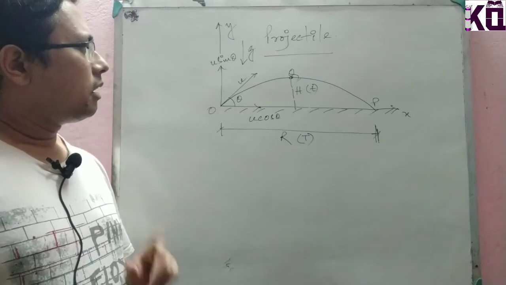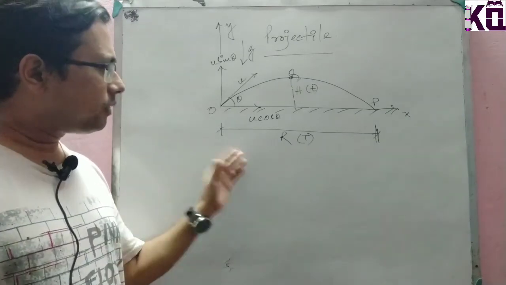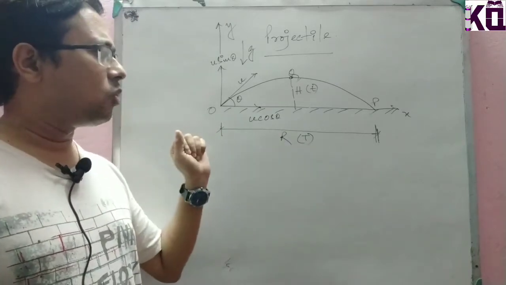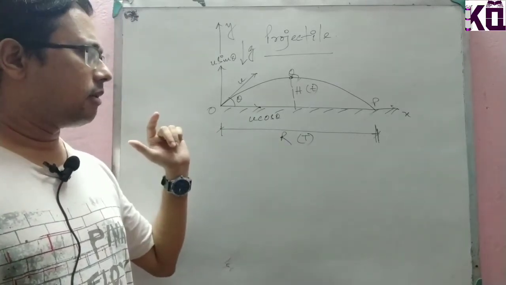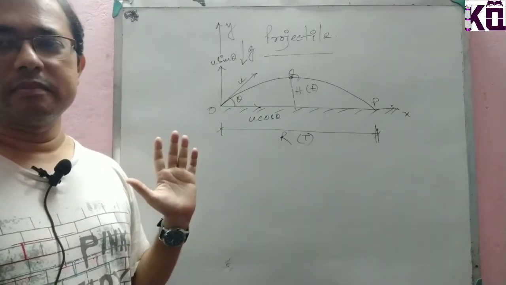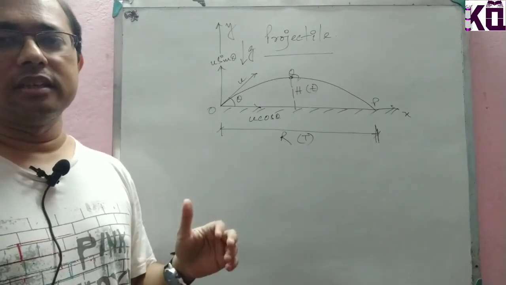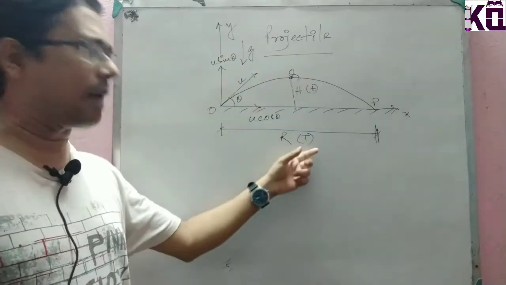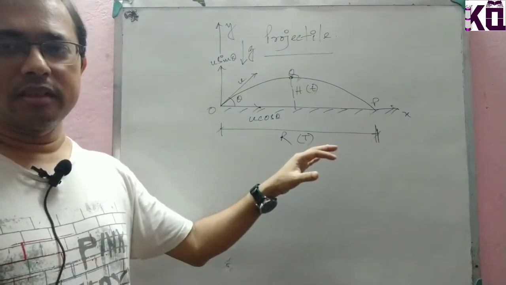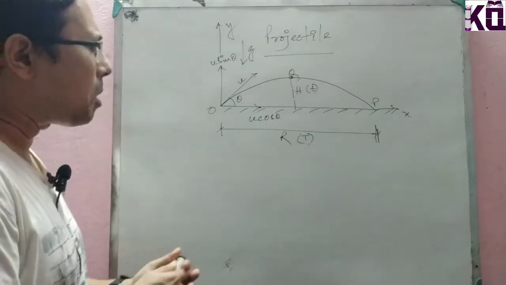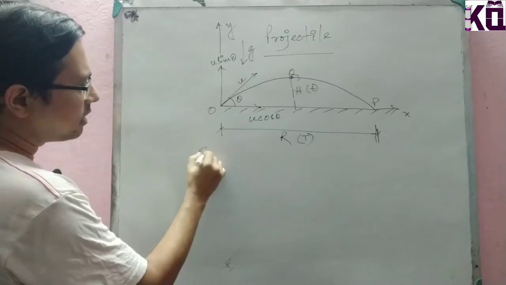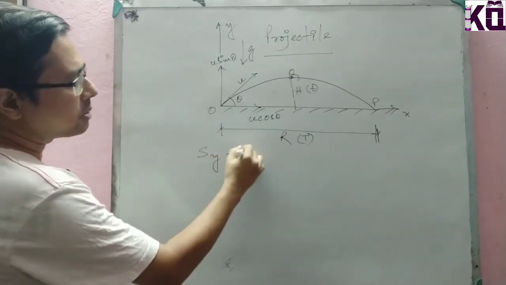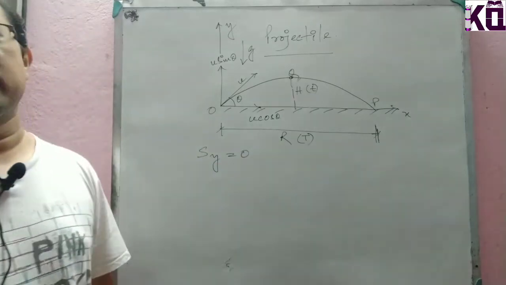Okay, now if I consider the total time capital T, what should be the displacement in y direction? If I want to identify the total displacement of the object in y direction in total time T, the displacement Sy is basically 0.